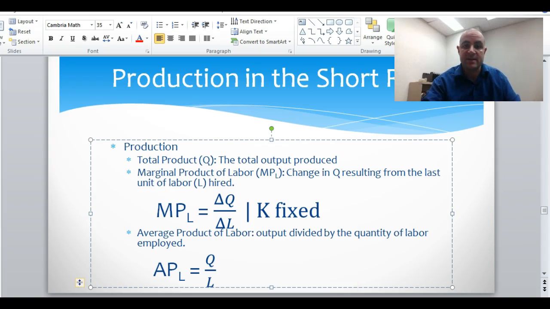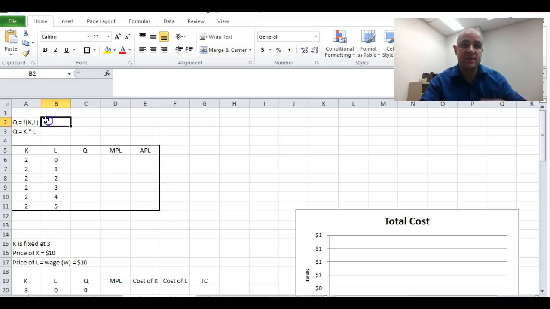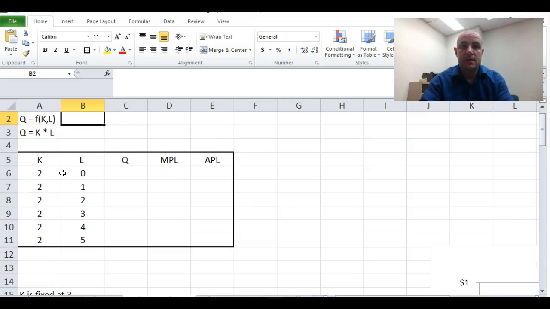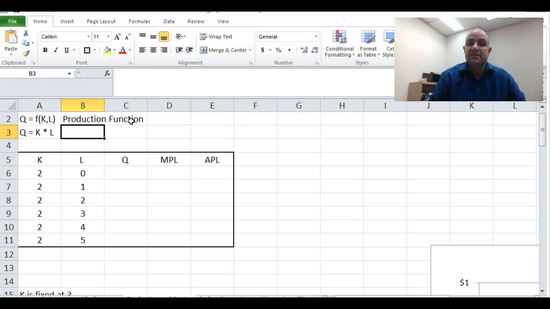Okay, so let's look at an example of that. So what we have here, Q equals a function of K and L. This is called a production function. It's a function that breaks down the outputs that you get from a combination of inputs.